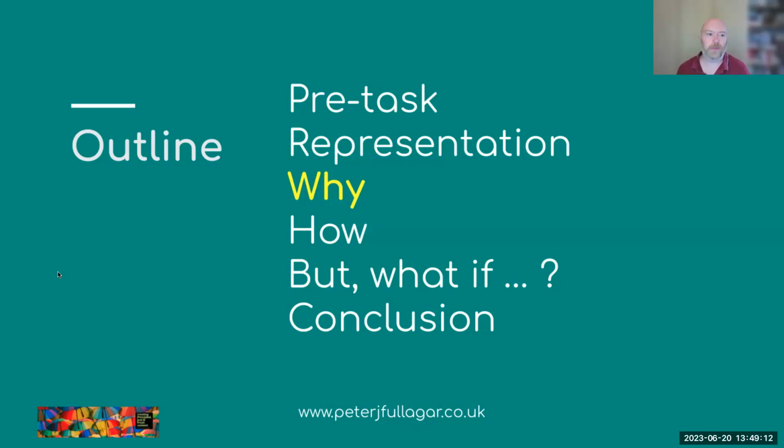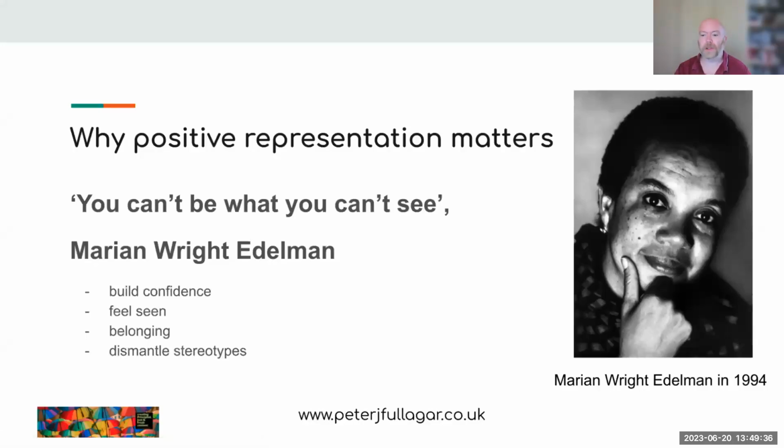There may be somebody from Vietnam who is in a bisexual relationship. So there are different parts of our identity that make up who we are. So it's important to remember that everybody has an intersectional identity, and we should all be represented and seen in that way. So why does positive representation matter?